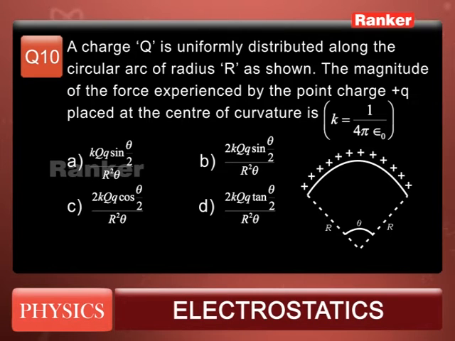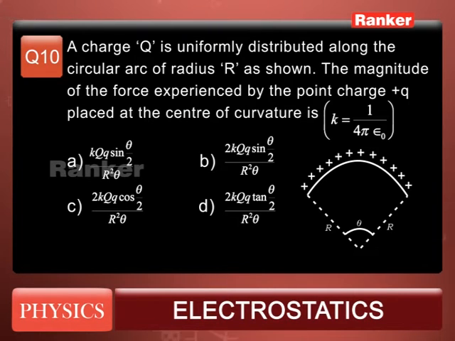Anyhow, he has mentioned that one as k. And the options are given this way: k Q q sin theta by 2 by r square theta. The second option is given 2k Q q sin theta by 2 by r square theta.